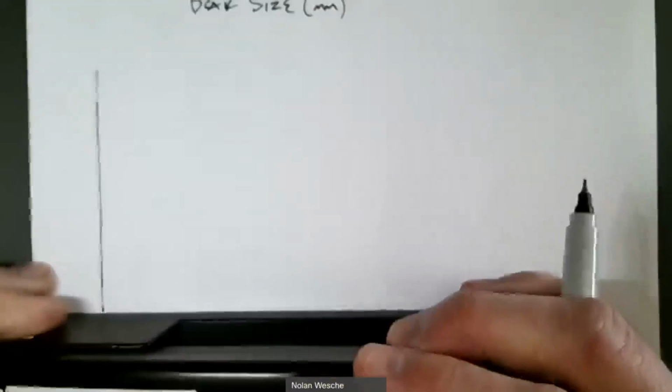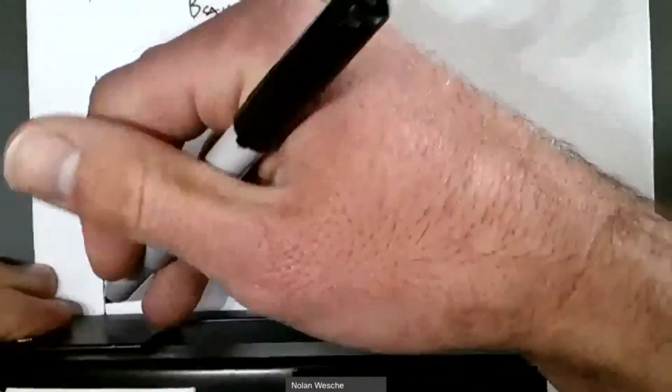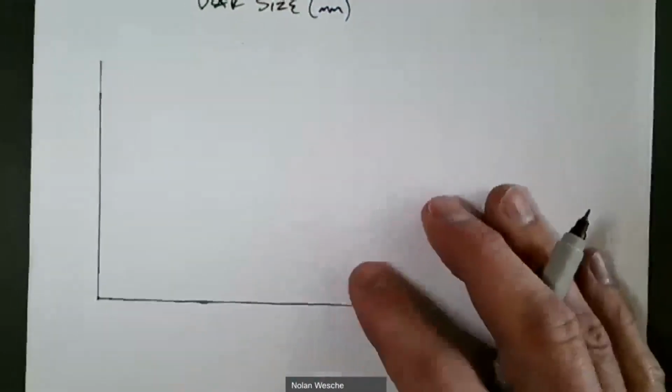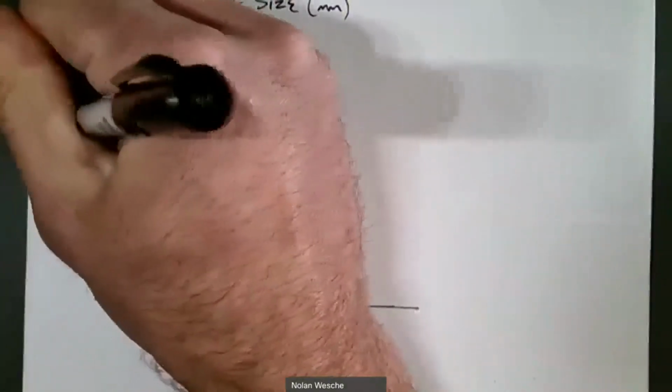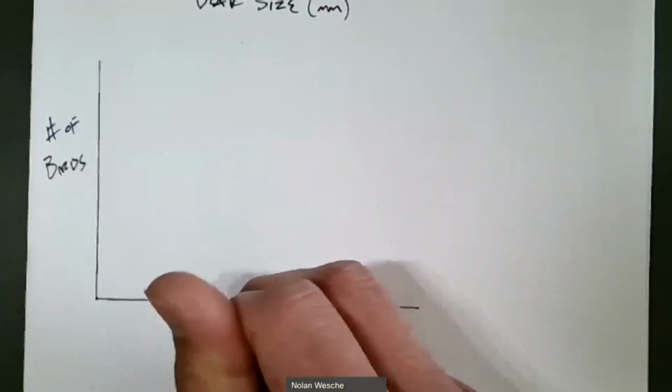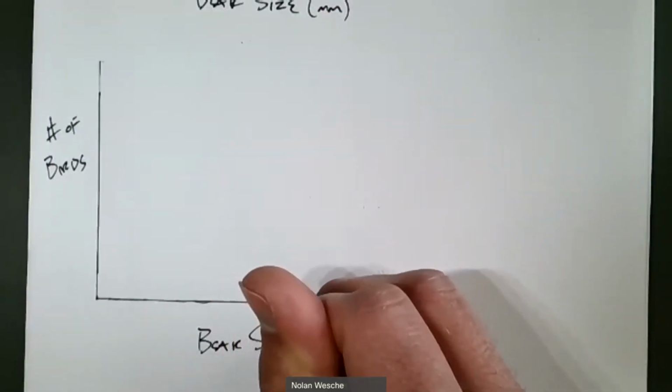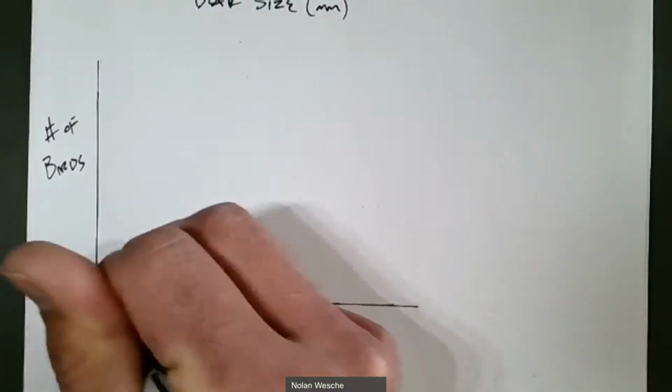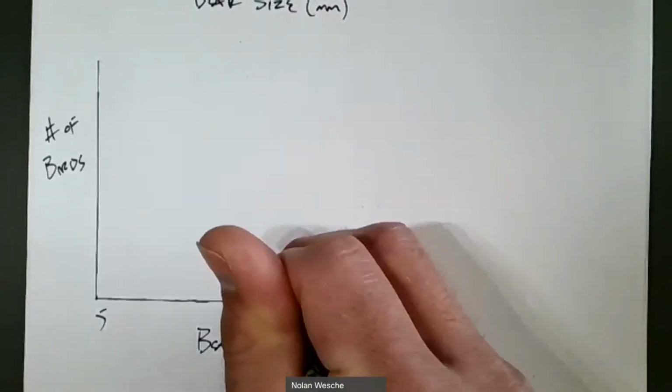And again, we'll start by resketching the graph. So we got number of birds here. We got beak size. Again, 5, 15, 10.